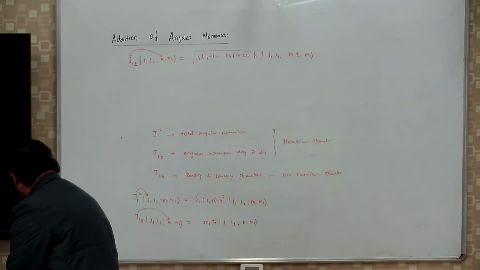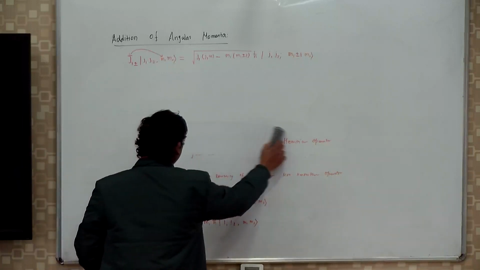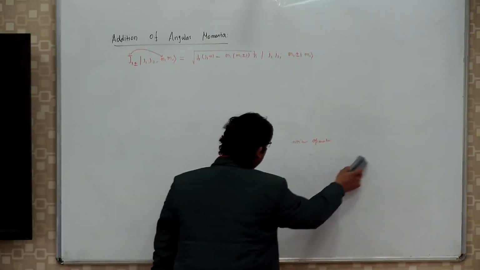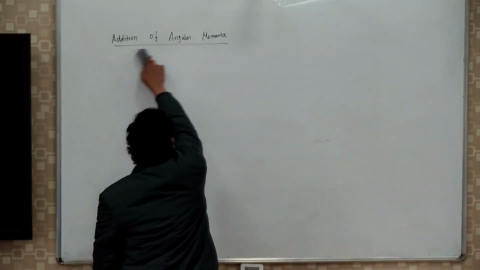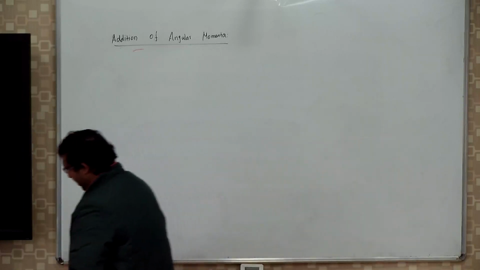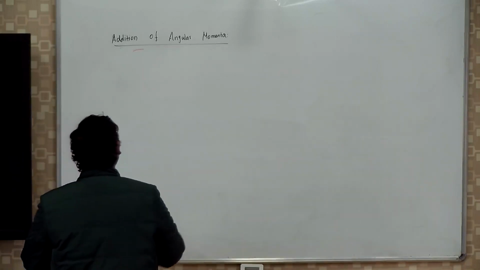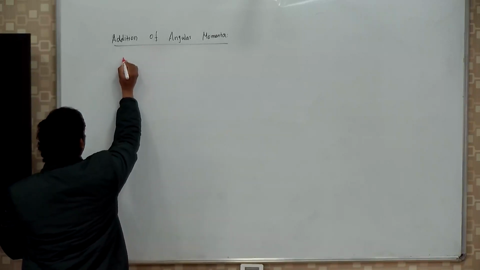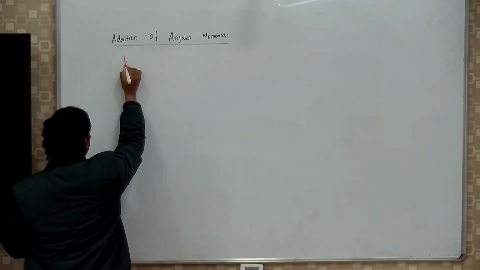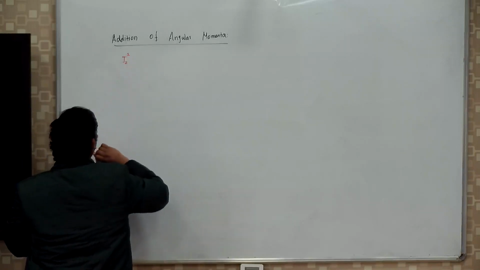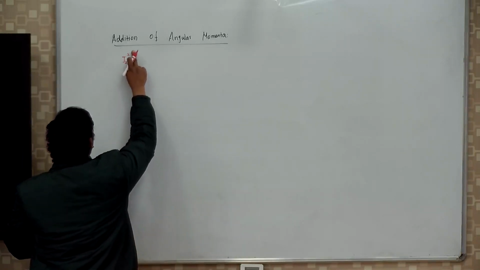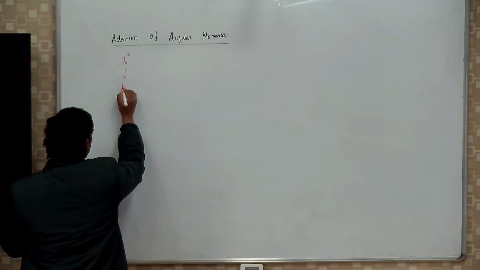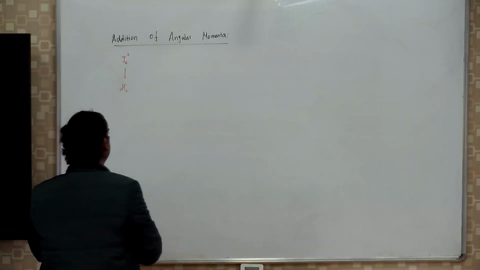In the same way we can also write for the Hilbertian subspace H2, where the total angular momentum J2 and its associated operators act on the combined state vector. For example, J2 square is the total angular momentum of the H2 subspace.